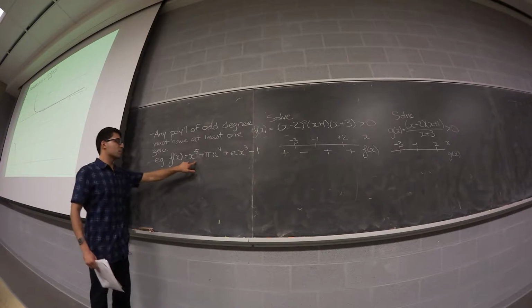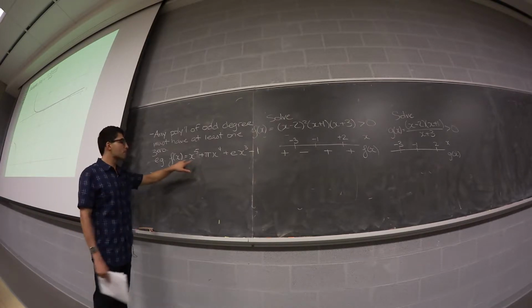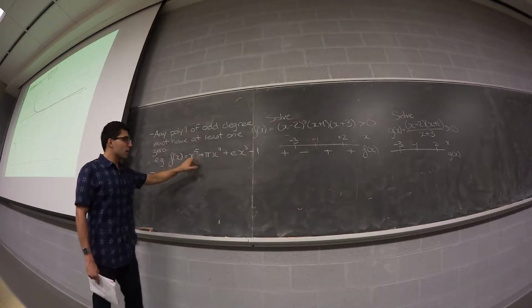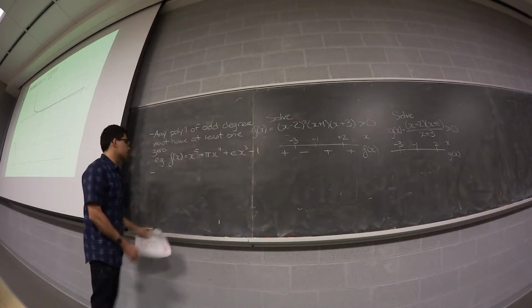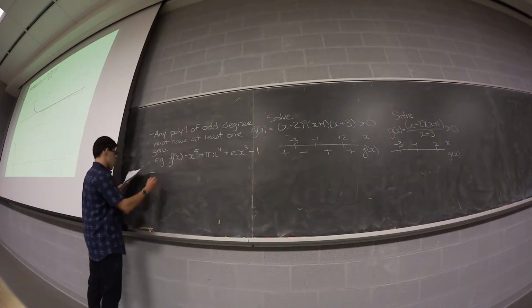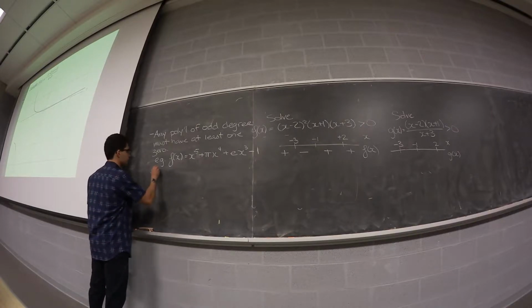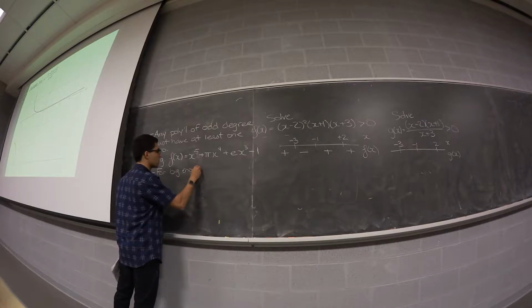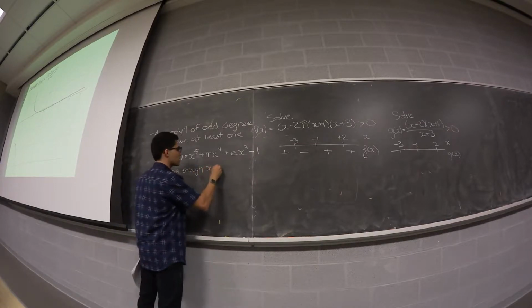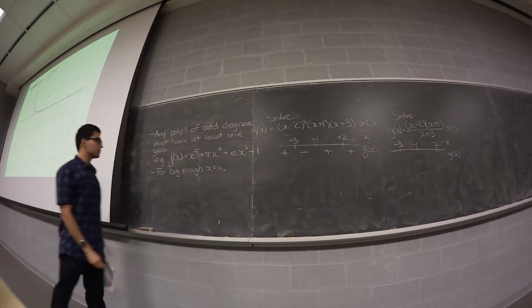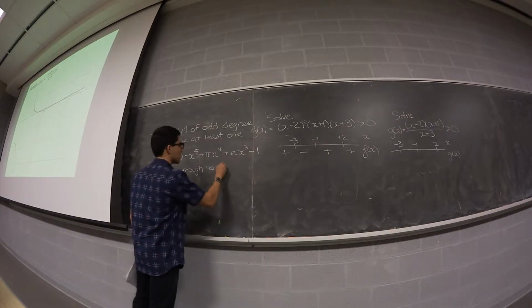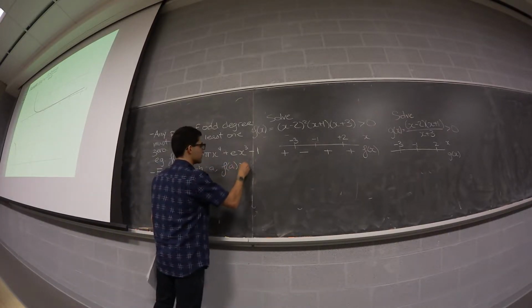If I pick an x that's big enough, this guy's going to be positive, and it's going to be so big that it's going to swamp out all of these guys. So for big enough x equals a, or for big enough a, f(a) must be positive.